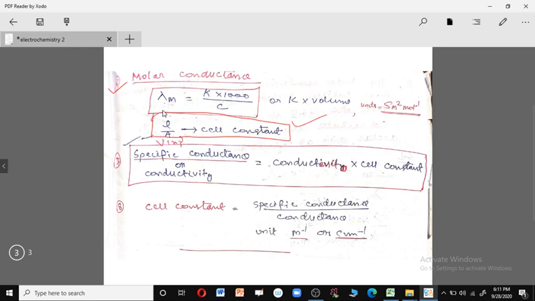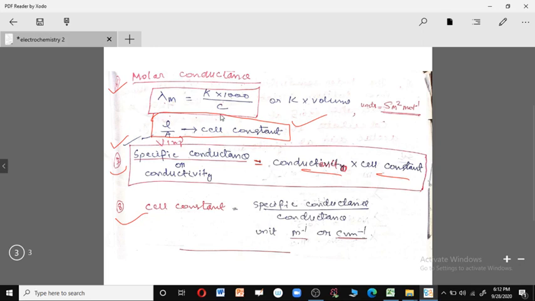And for specific conductance or conductivity, you have two formulas. Specific conductance or conductivity is calculated as conductivity into cell constant. When you multiply, you will get the specific conductance. And the cell constant is the specific conductance divided by conductance. So these are the important terms.